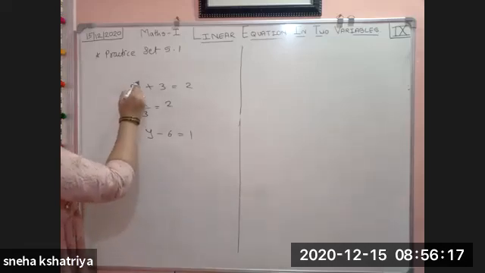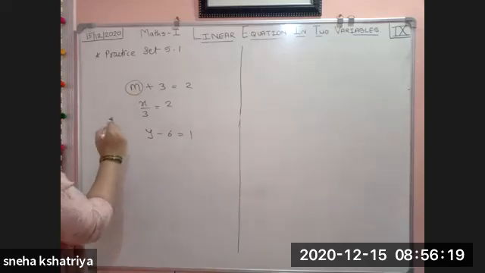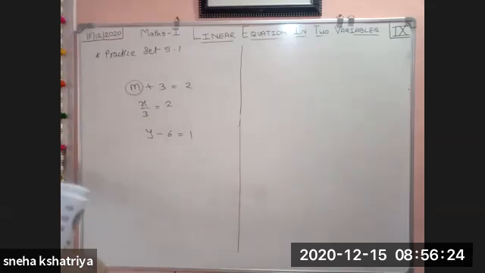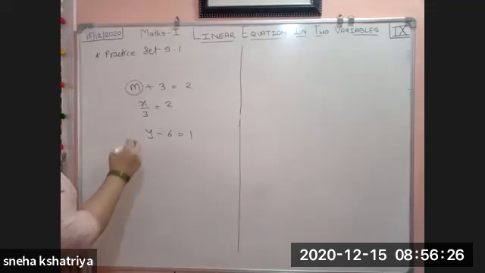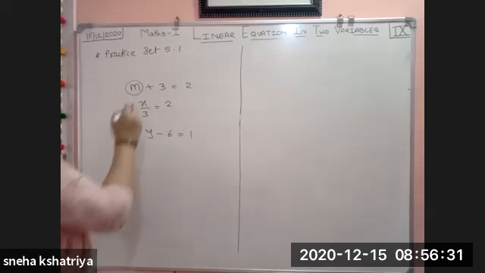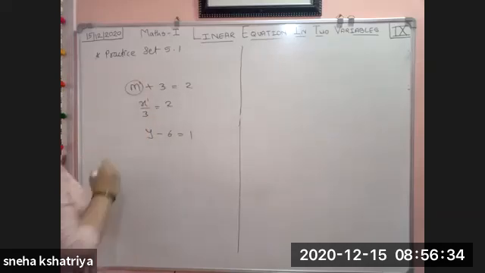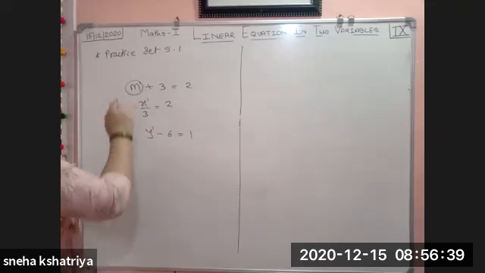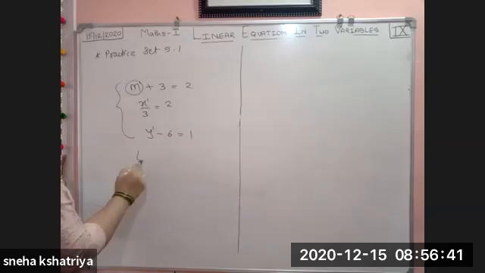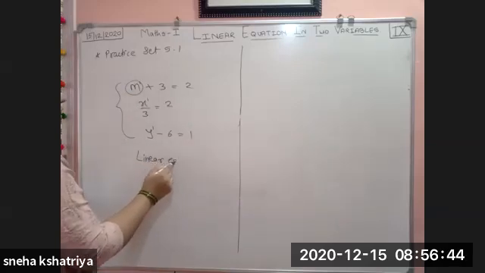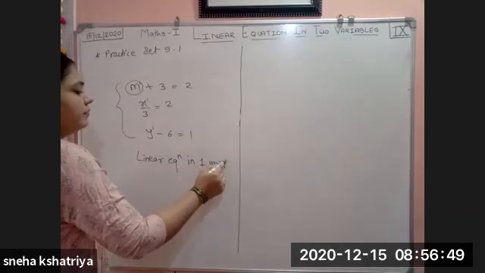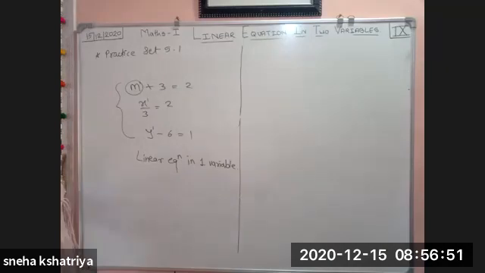Variables are those alphabets; all the alphabets are called variables. If their power is 1, here m is power 1, x is power 1, y is power 1, then such equations are called linear equations in one variable.